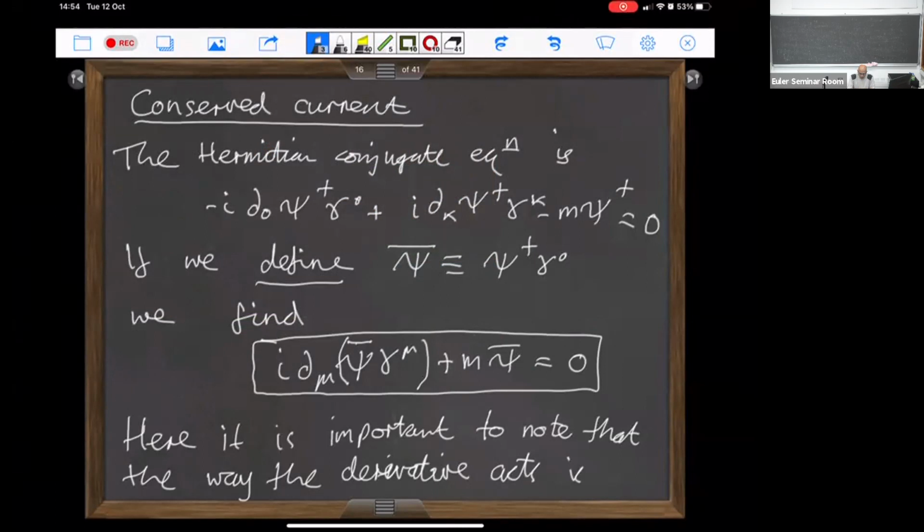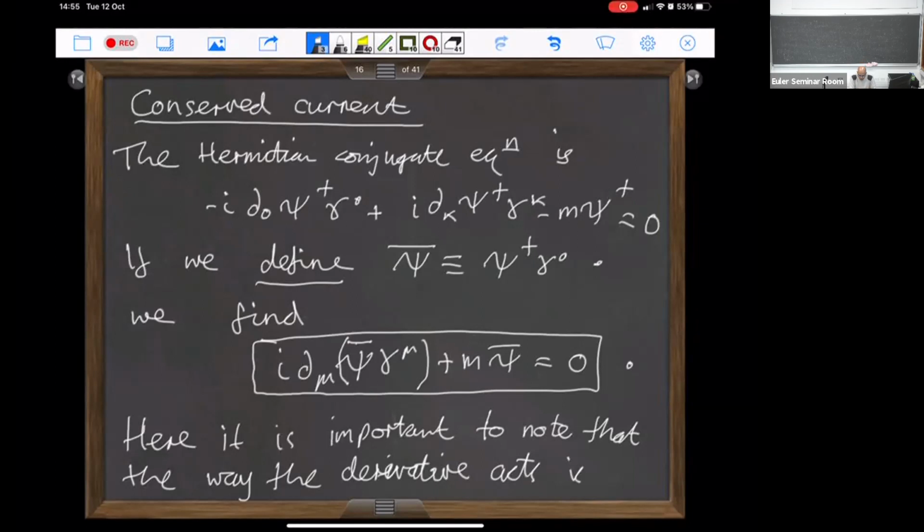So one defines what's called psi bar, and psi bar is just given by the Hermitian conjugate of psi multiplied by gamma zero on the right. And if you define psi bar, then psi bar does obey a covariant form of the Dirac equation.